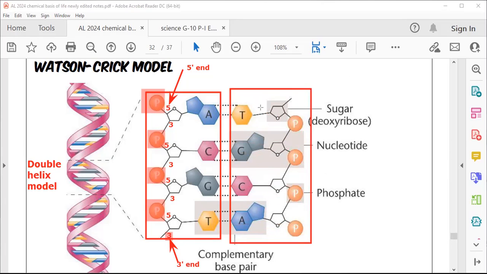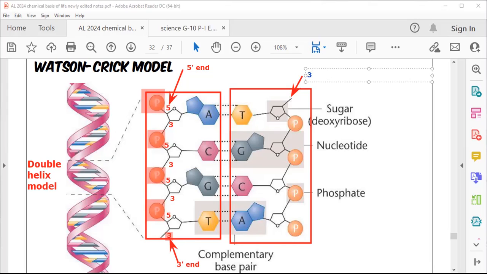If you take this chain, tell me which end is this? Is it 3' or 5'? You decide. It's a 3' end.